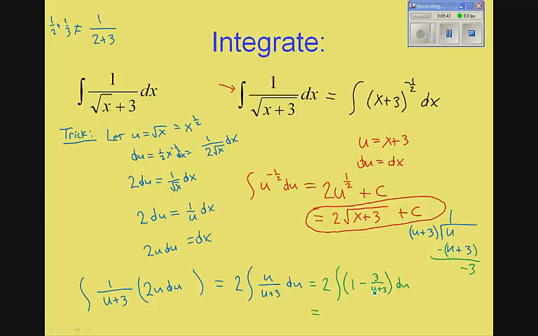So it's 2 minus 6 over u plus 3. So I'm going to get 2u for the first part minus 6 times the integral of 1 over u plus 3 du. Is that okay? I still have to do the other integral.